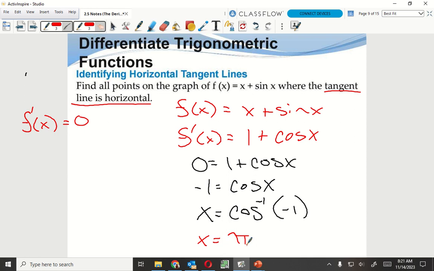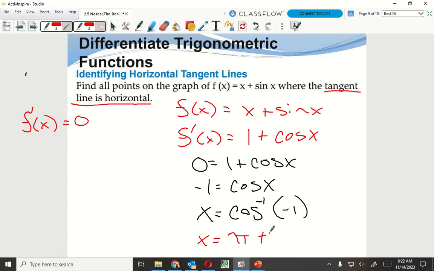Now, isn't sine and cosine a wave? It is a wave, isn't it? So is it going to keep going? In this wave, every time my cosine gets to pi, it's going to be another time where my tangent line is going to be horizontal, right? That's where it's going to be equal to 0. So plus, how much do I have to add to get to the same spot again?